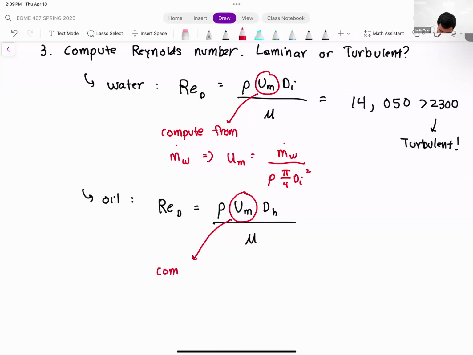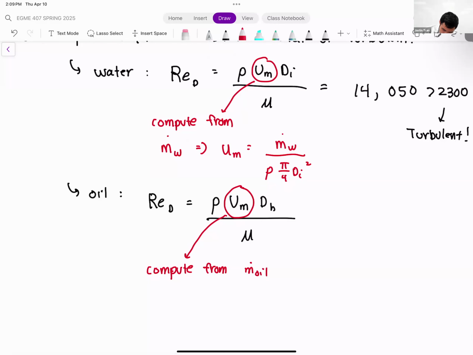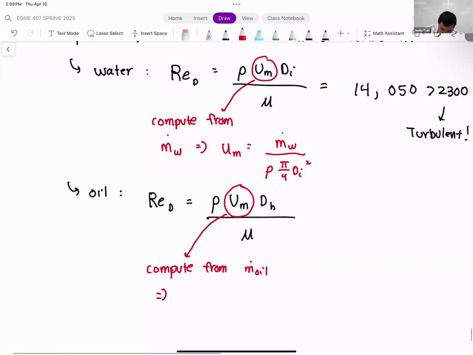So let's compute this from m dot oil. Basically, our mean velocity in the oil is going to be m dot oil divided by the density of the oil multiplied by pi over 4. Now for this one, we're computing the cross-sectional area of that oil part.